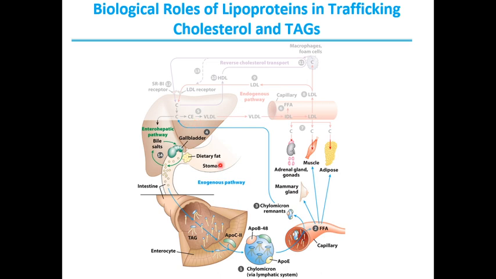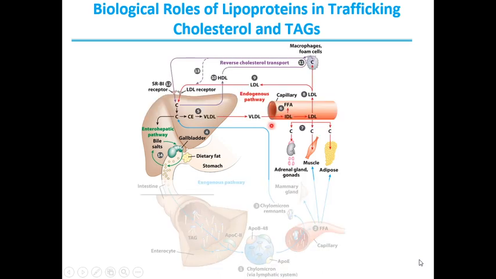This pathway, like I said, is the exogenous pathway. Next, let us look at the endogenous pathway. When the diet contains more fatty acids and cholesterol than are needed immediately as fuel or precursors to other molecules, they are converted to triacylglycerols or cholesterol esters in the liver and packaged with specific apolipoproteins in VLDL, or very low density lipoprotein.